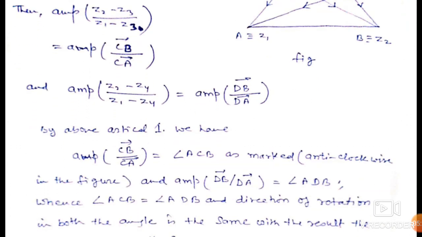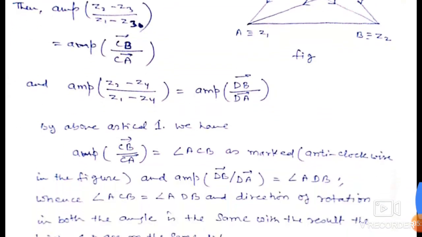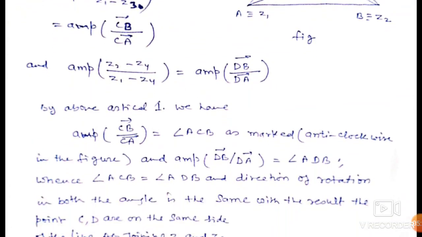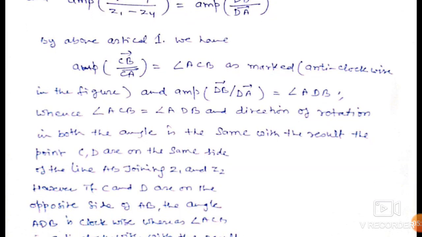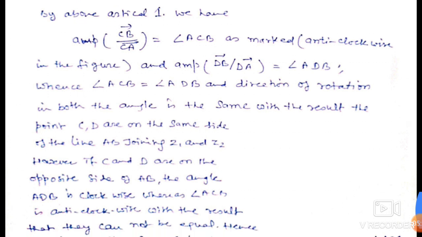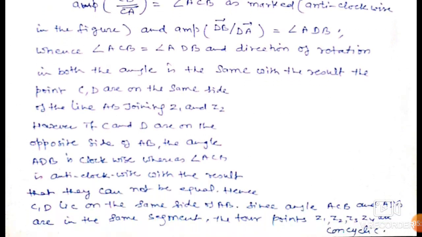By above article 1, we have amplitude of vector CB over vector CA equal to angle ACB as marked anticlockwise in the figure, and amplitude of vector DB over vector DA is equal to angle ADB.